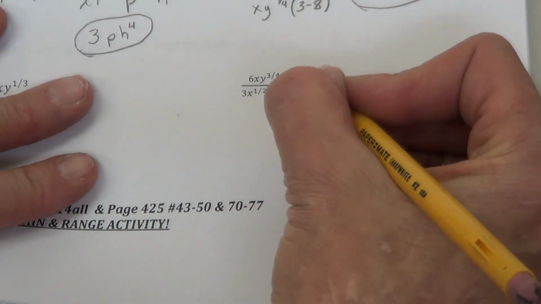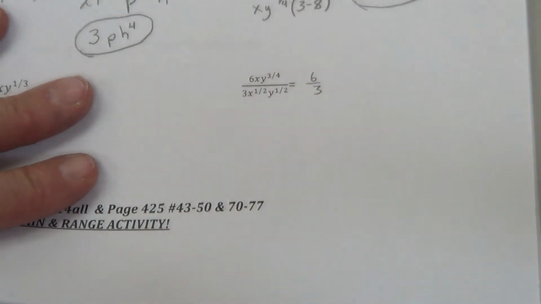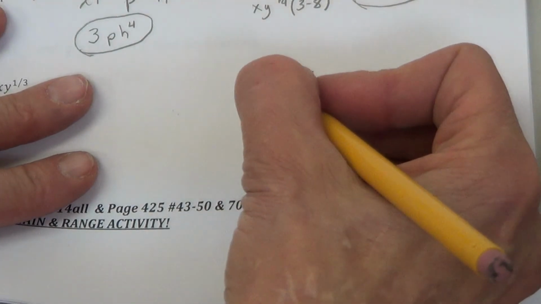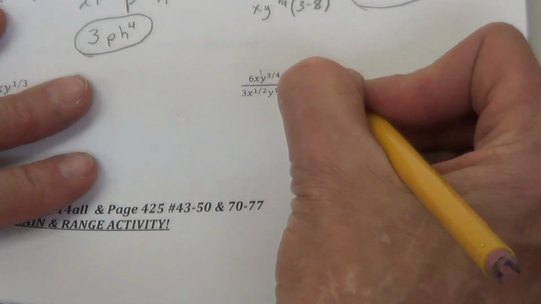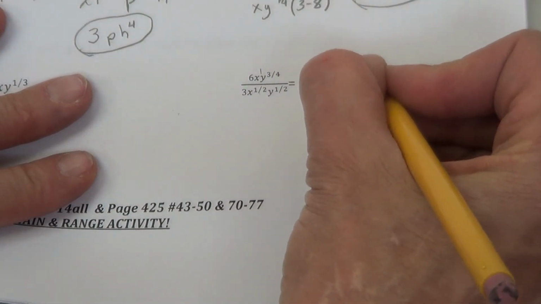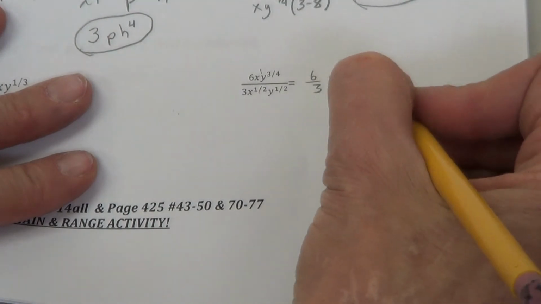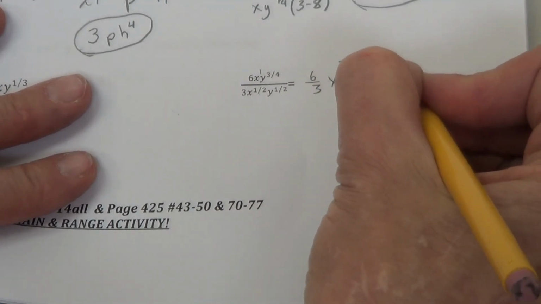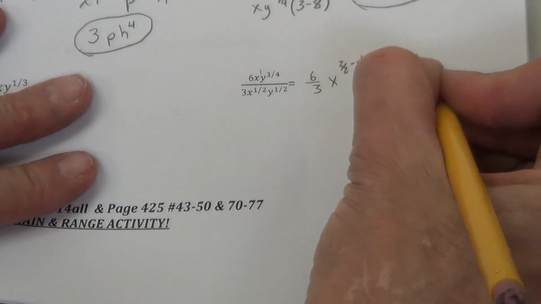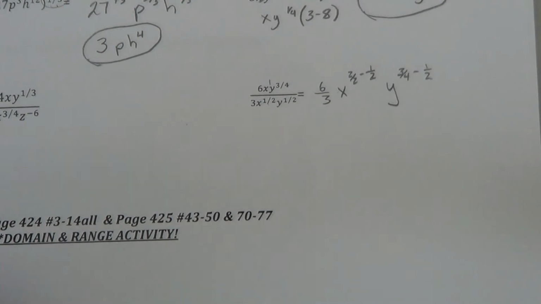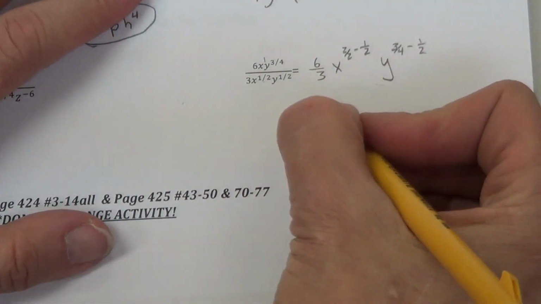Okay. Next one, we have a fraction here. We have 6 over 3 that we'll deal with in a minute. And then we have x to the 1st minus x to the 1/2. So 2 over 2 minus 1/2. And then y is 3/4 minus 1/2. Okay, so we have 6 over 3 is 2.